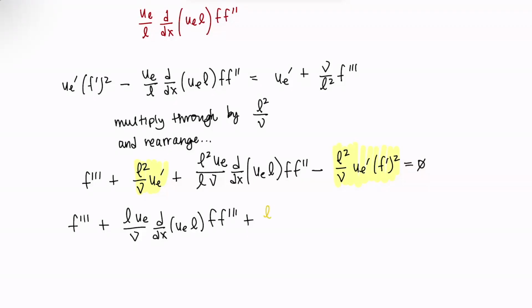So I have L squared over nu times UE prime, quantity 1 minus F prime squared, is equal to 0.